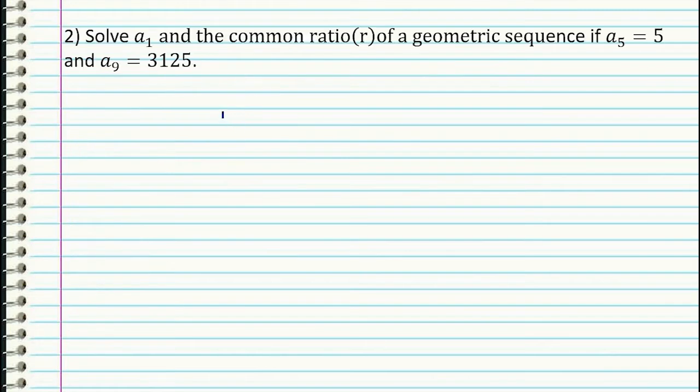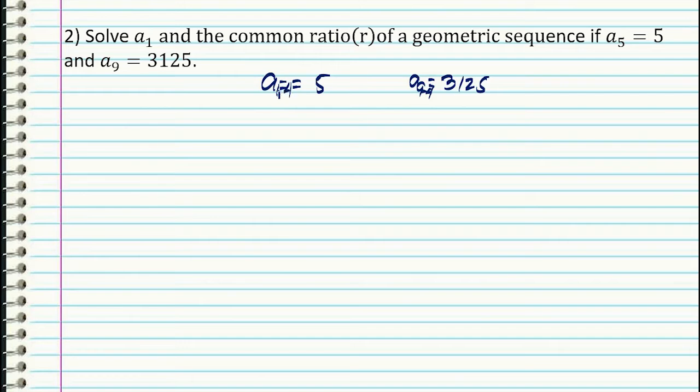So, example number 2. Solve a sub 1 and the common ratio r of a geometric sequence if a sub 5 is equal to 5 and a sub 9 equals 3,125. So, a sub 5 is our first term since we don't have a first term. To make this the first term, we have to deduct 4 from this and deduct 4 from this.